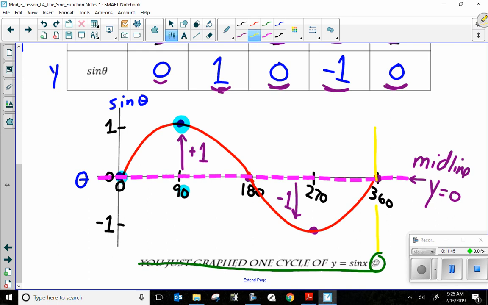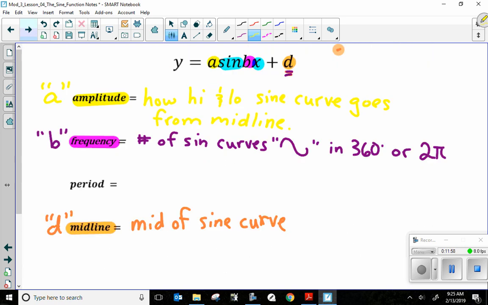Here's where it starts. I only see one S in 360 degrees. So my frequency is 1. That's all that means, the frequency. It's how many curves. If my frequency was 2, I should have 2 sine curves in 360 degrees. Now we're on to the period.